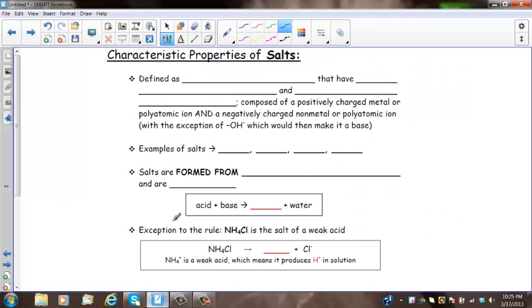And the last thing that we're going to talk about are some characteristics of salts.